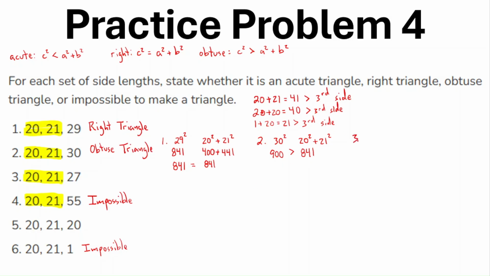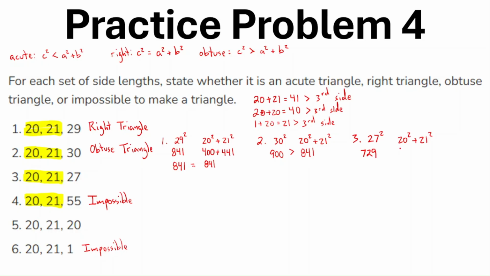Now let's look at number 3. This time, my long side is 27. My short sides are still 20 and 21. 27 squared is 729.